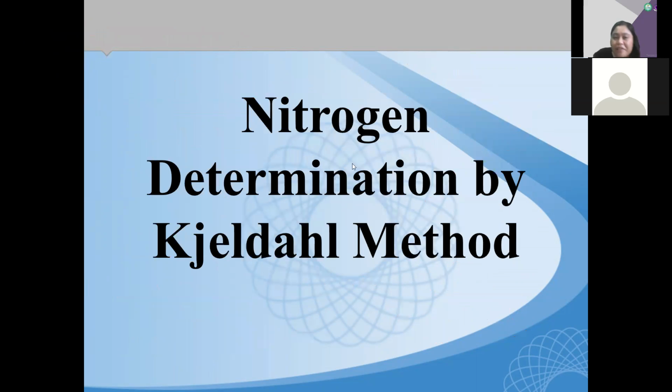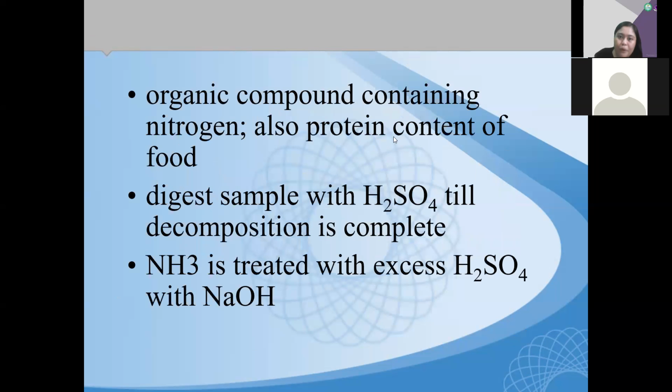Okay, now we have nitrogen determination by the Kjeldahl method. Again, the process is called the Kjeldahl method in the laboratory. This is still through titration, but our goal is to determine the amount of nitrogen in a given sample.